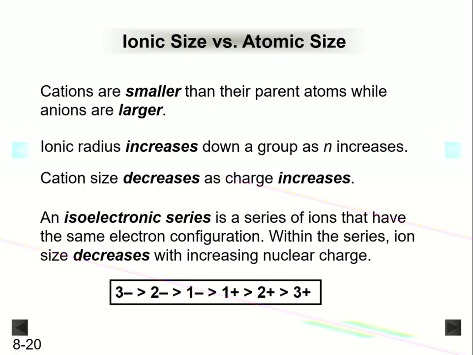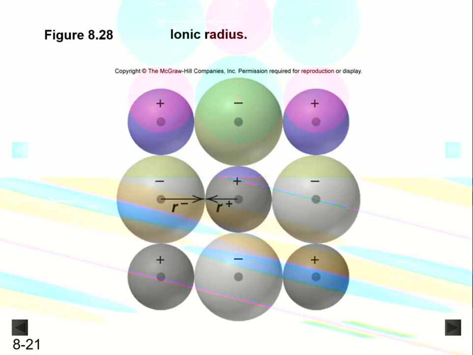Now you can't form gaseous ions of a 3- ion, but you can form, for example, nitride 3- in a solid. And then the 1+ is the next, then 2+, and then the 3+ would be the smallest of these ions.